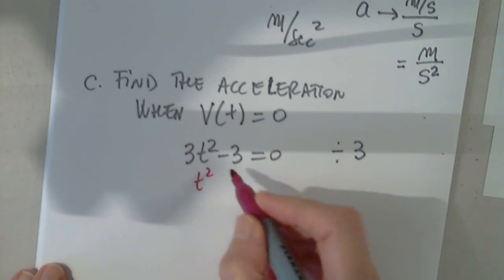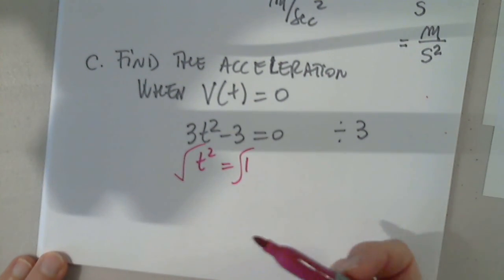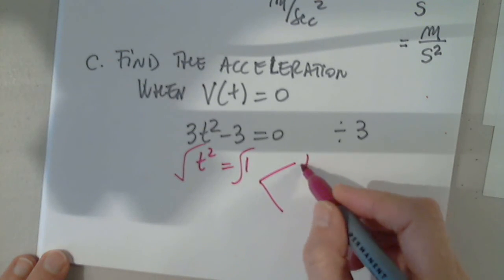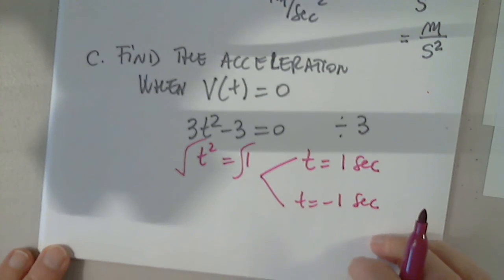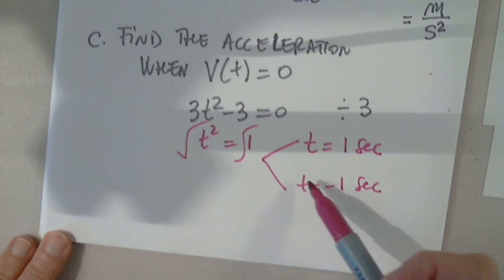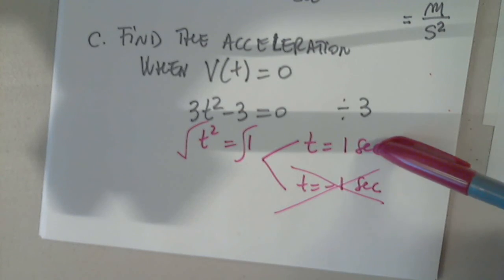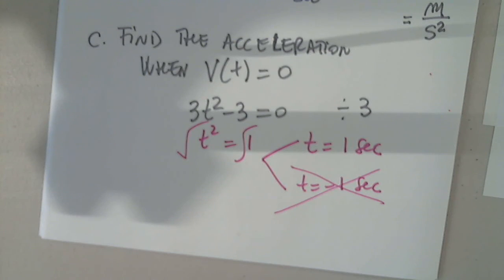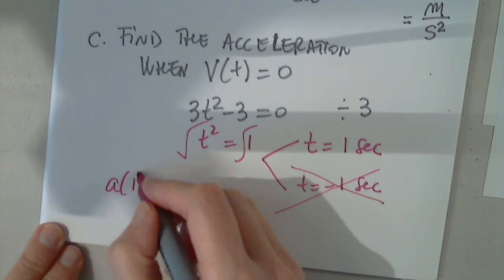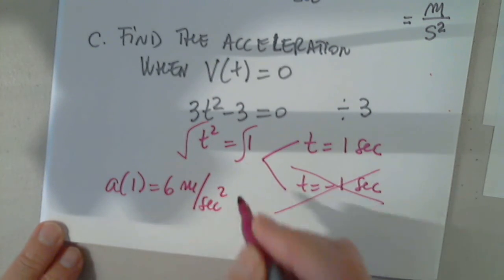So I get t squared minus 1 equals 0. I move 1 to the other side, and I'll take the square root, or you can factor, and I get 2 solutions. t equals 1 second, or t equals -1 seconds. Algebraically, both solutions are correct. However, the negative time makes no sense. So we found that at time equals 1 second, the velocity is 0. Now we are asked to find the acceleration. So here, a of 1 is 6 meters per second squared.